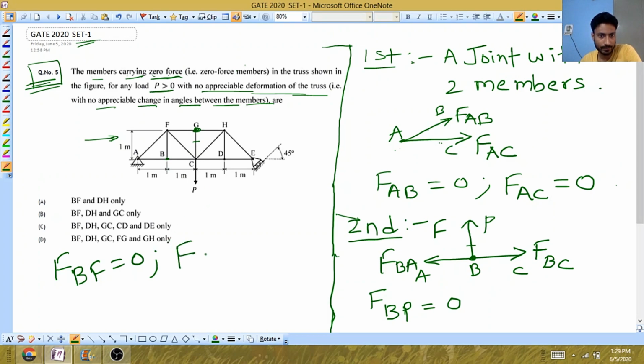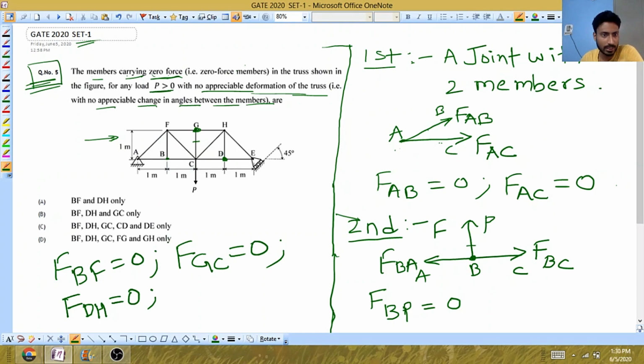So FGC is also 0. Similarly, at this joint D, three members are there, CD, DE and DH. Again, if you apply the second concept, then FDH will be 0. So we have determined three members.